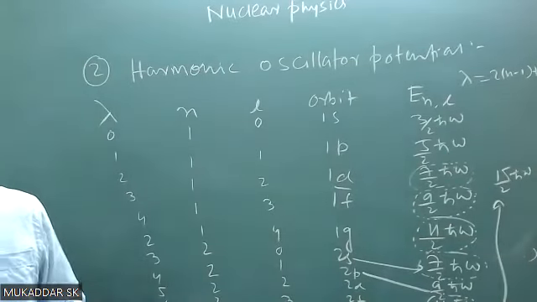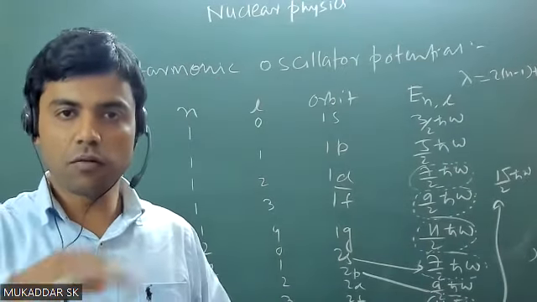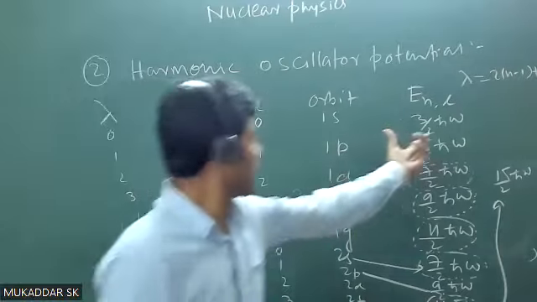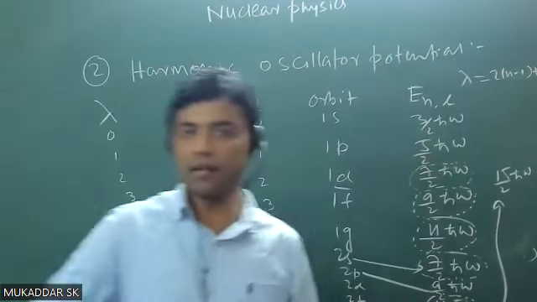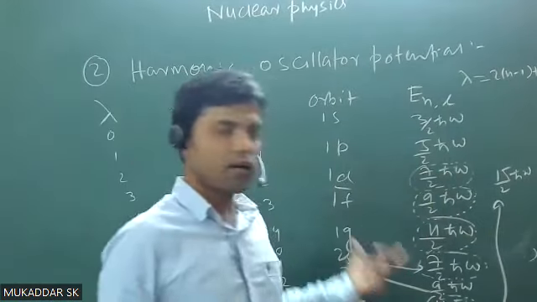So at least when you are taking harmonic oscillator potential, you are getting some degenerate states. So we can see that discrete energy. Of course that nucleus is having shell structure. In addition to this, there are some degenerate states.